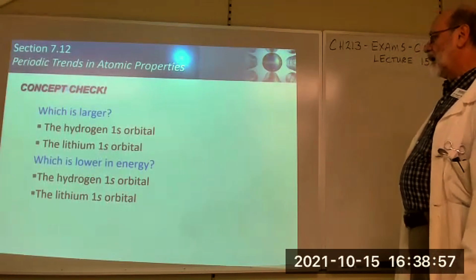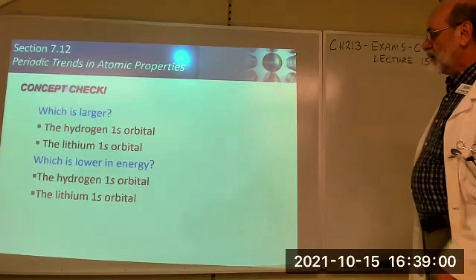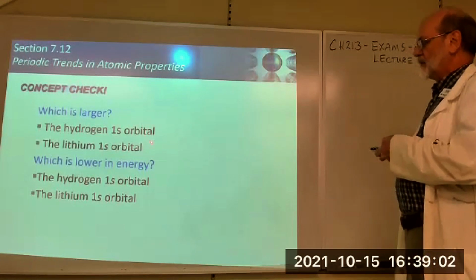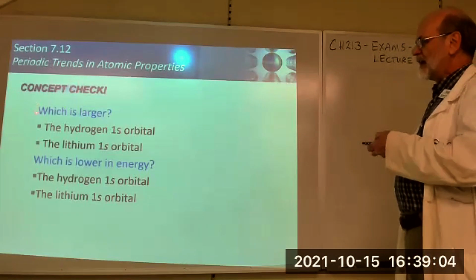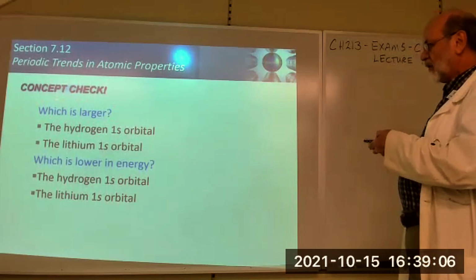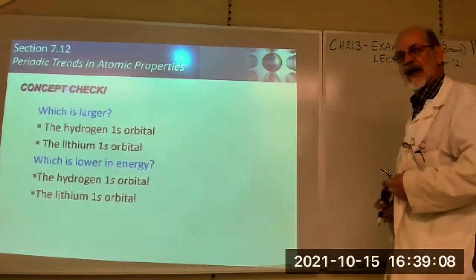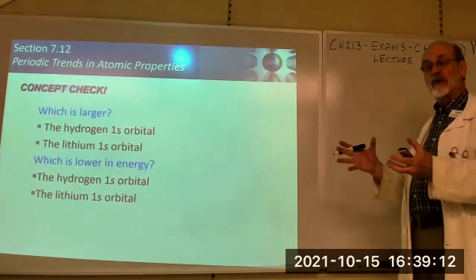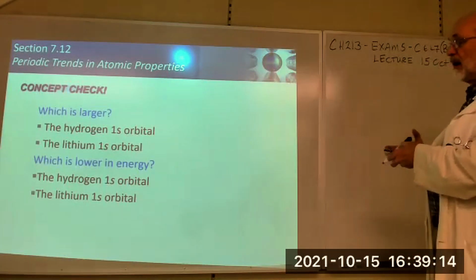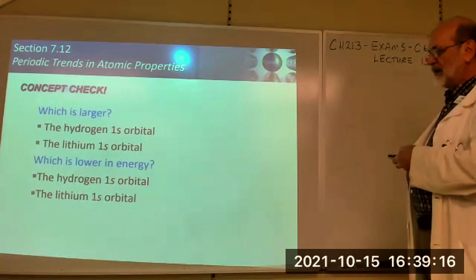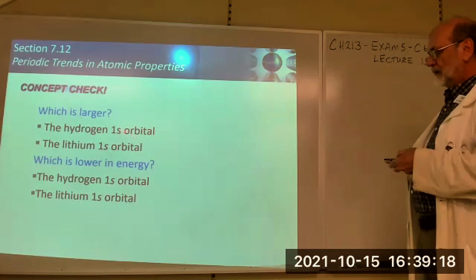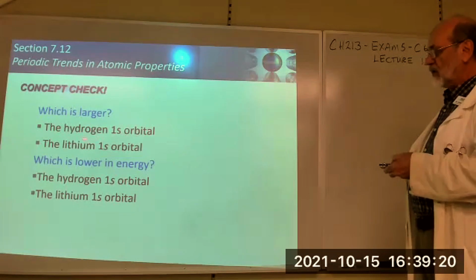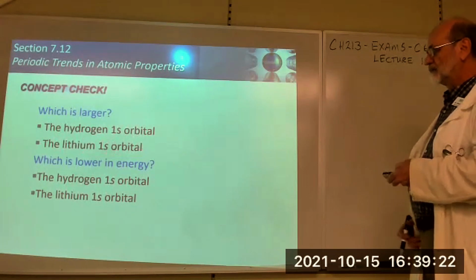Okay. Oh, this is interesting. When we're looking at the orbitals themselves, now this is in general terms, right? We don't actually know the size of the orbital, not in a definitive way, because Heisenberg said you can't know it. But in general, which should be larger, the hydrogen 1s orbital or the lithium 1s orbital?